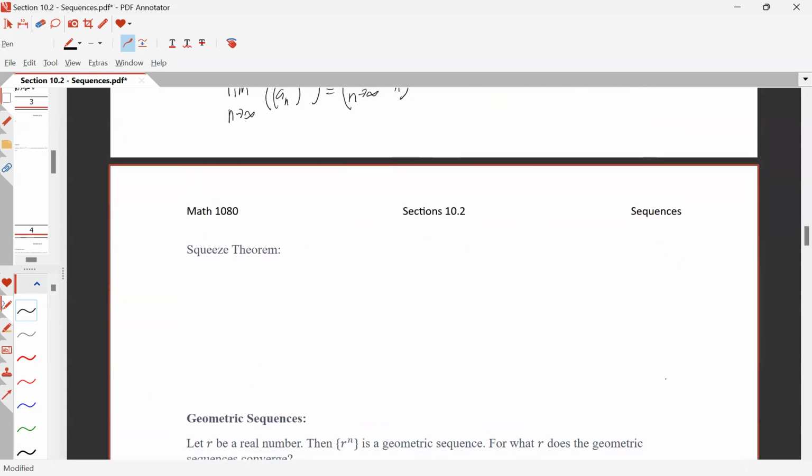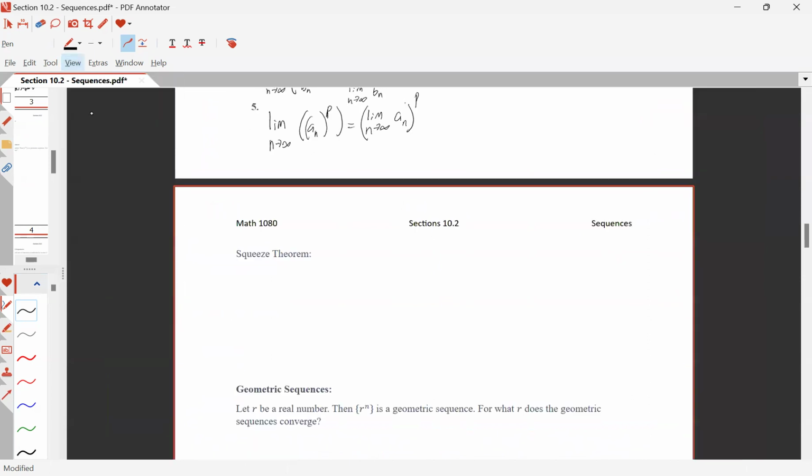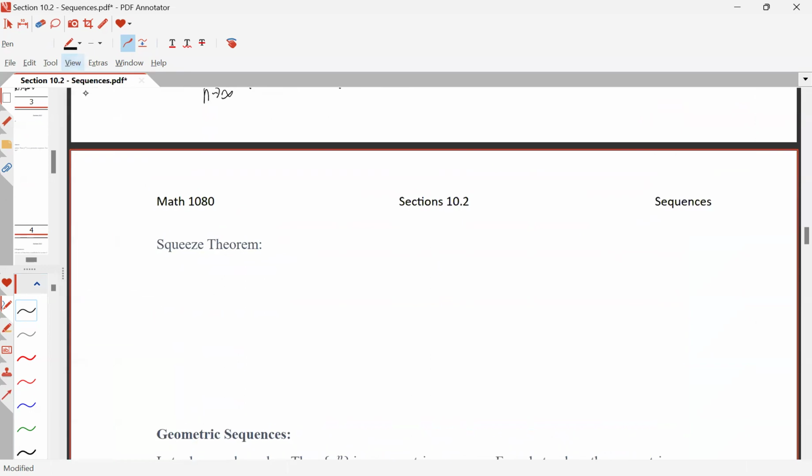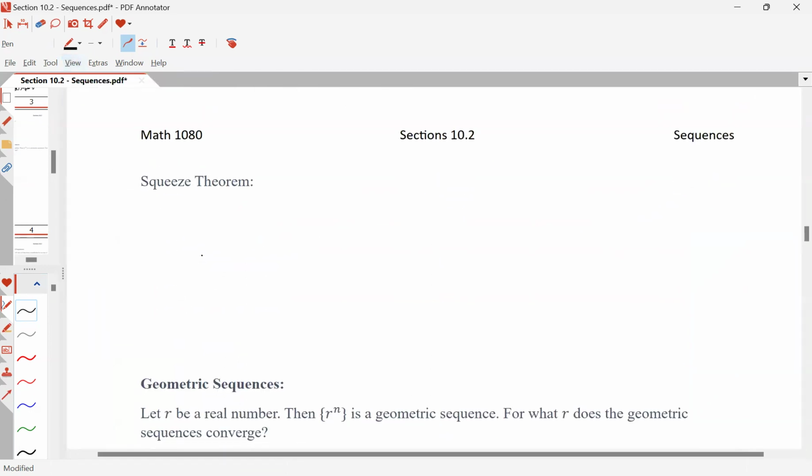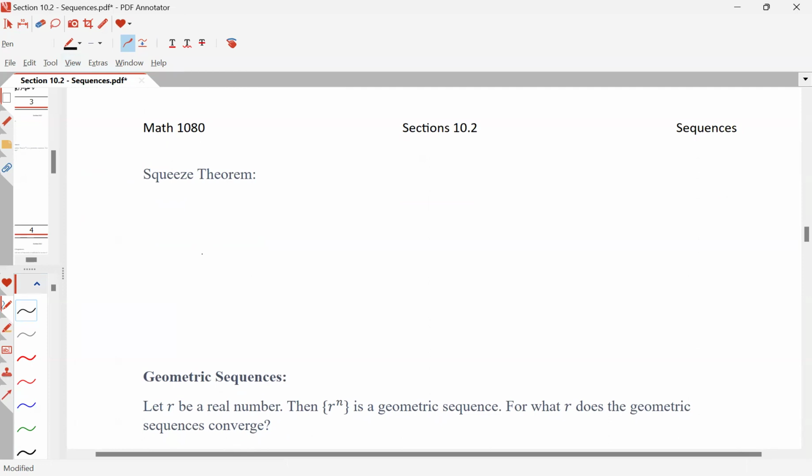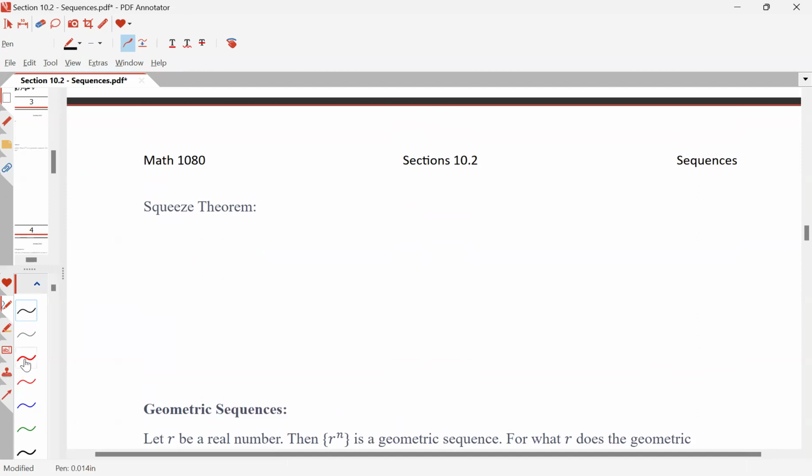So the next rule is known as the squeeze theorem. The squeeze theorem is saying I want to squeeze a sequence between 2 sequences I know. So if a sub n is less than or equal to b sub n, which is less than or equal to c sub n, for all n greater than or equal to some number. It doesn't have to start right away, but eventually I can say b sub n is between a sub n and c sub n for the rest of the time.